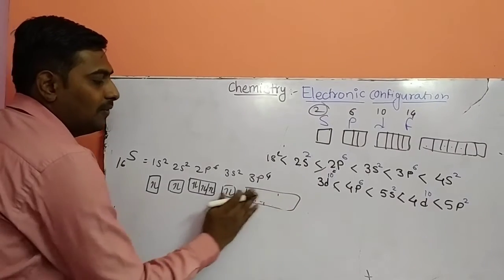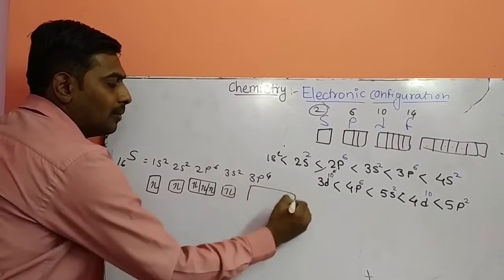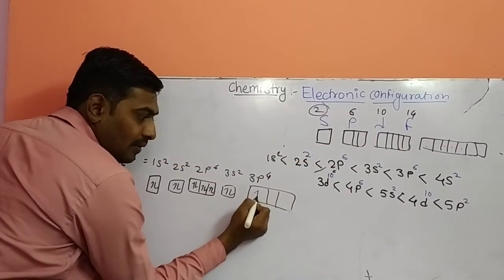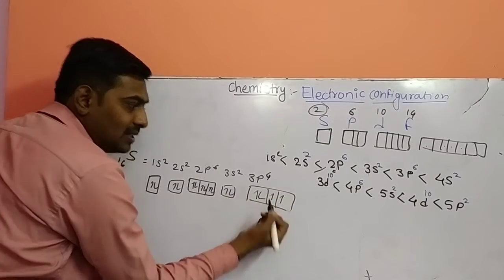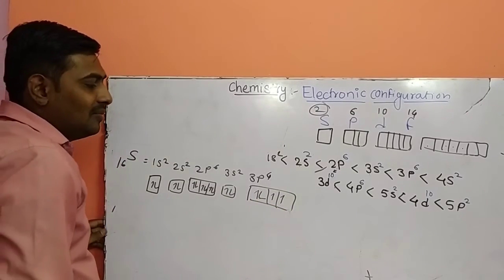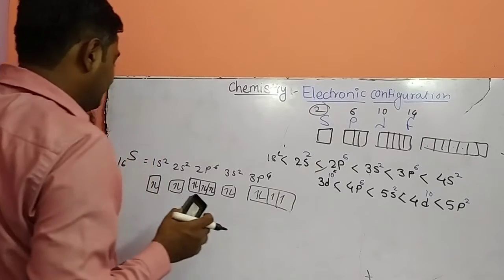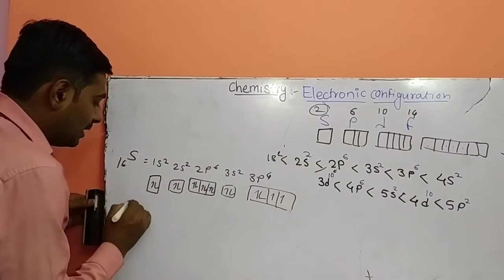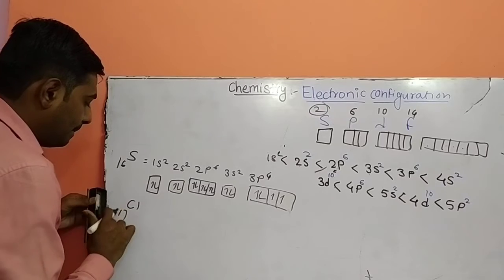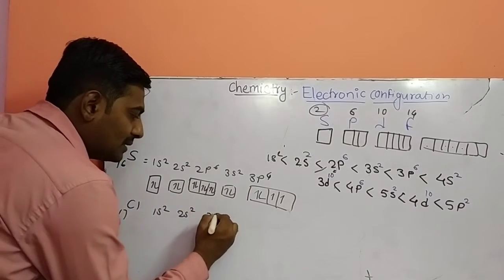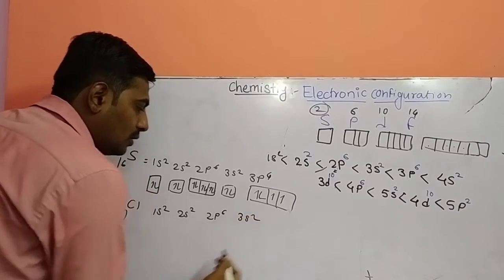How will 3p4 be written? The p orbital is like this one. 4 is 1, 2, 3, and this is the fourth electron. The fourth electron should be antiparallel. Atomic number 17, chlorine. 1s2, 2s2, 2p6, 3s2.